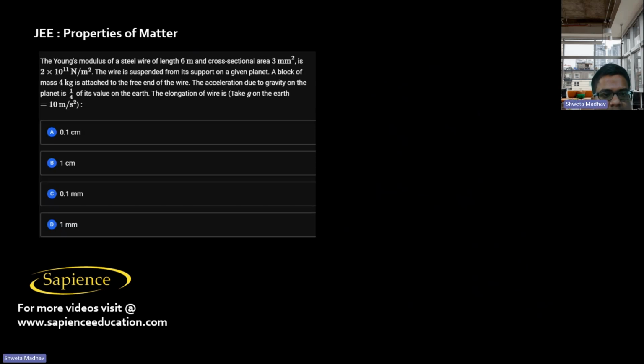And here it is told the Young's modulus for a steel wire of length 6 meter and cross-sectional area 3 millimeter square is 2 into 10 power 11 Newton per meter square.